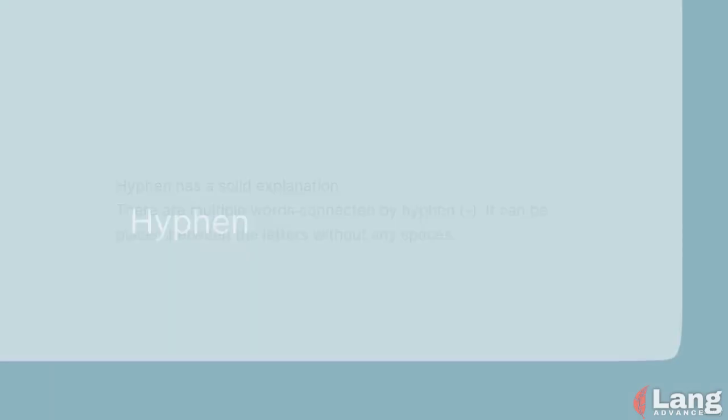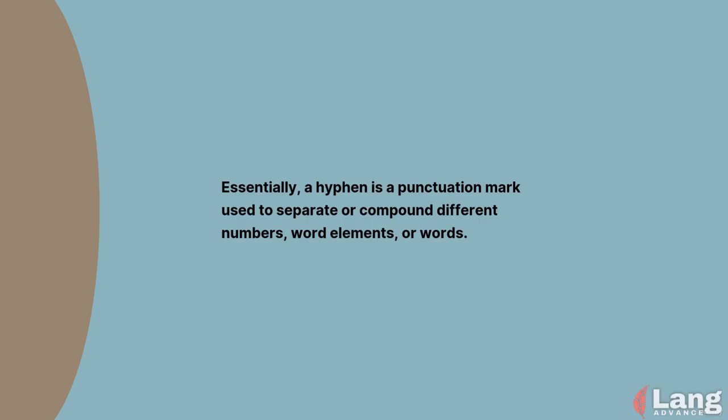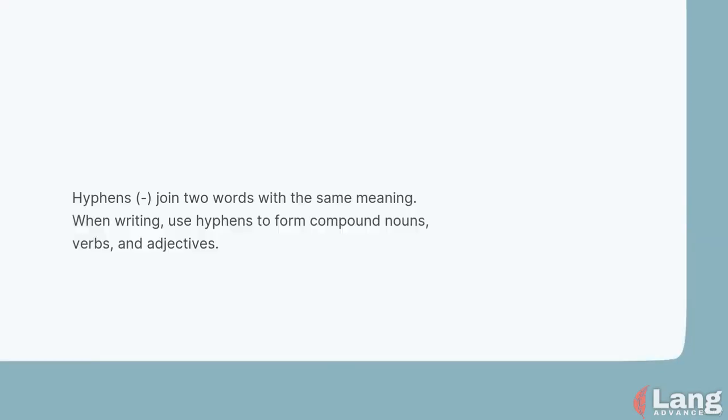Hyphen. Hyphen has a solid explanation. There are multiple words connected by hyphens. It can be placed between the letters without any spaces. Essentially, a hyphen is a punctuation mark used to separate or compound different numbers, word elements, or words.